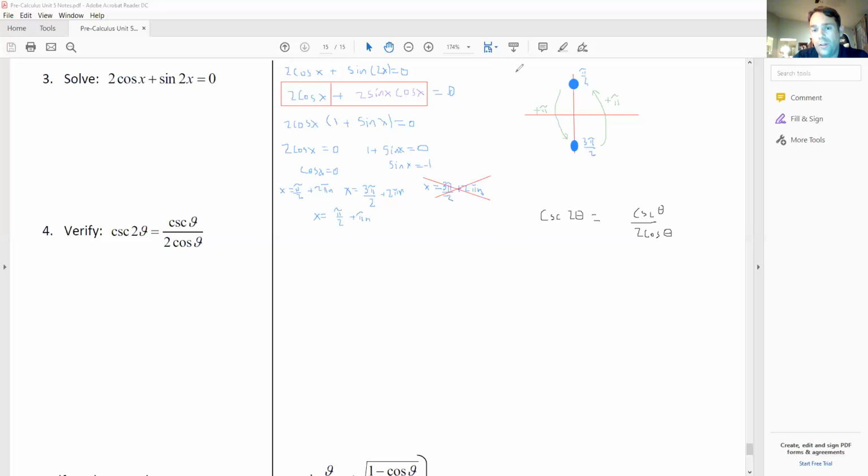All right, well, if I'm looking at this thing, first of all, I see this cosecant 2 theta. I see a double angle. That tells me that's probably the uglier side. I'm going to play with that. But I don't like cosecant because I don't have a double angle formula with cosecant. So I'm going to change that to 1 over sine. So I pick the side I want to play with.